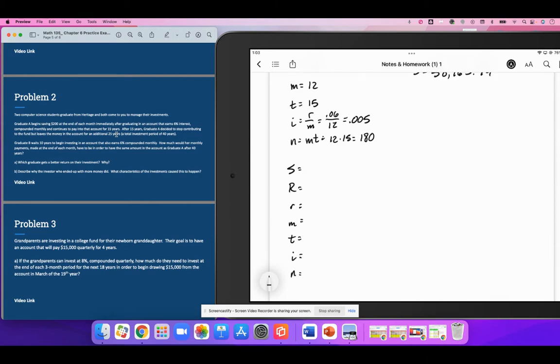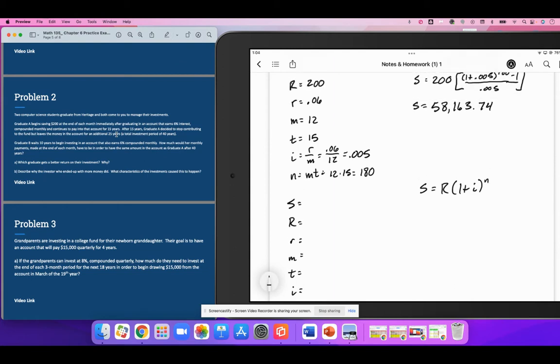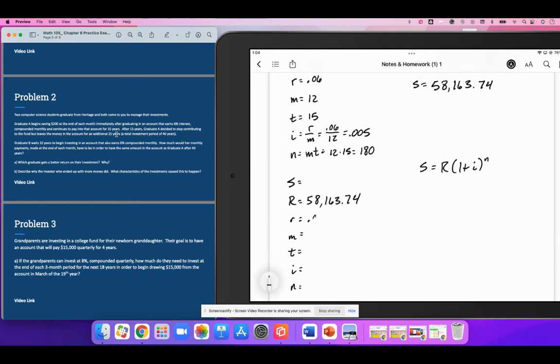And so this is going to be compound interest. So it is a lump sum that is sitting there growing now because the recurring payments have stopped. So 1 plus I to the power of n. And so the amount that's in the account is $58,163.74. The interest rate is still going to be 6%, still compounded monthly.